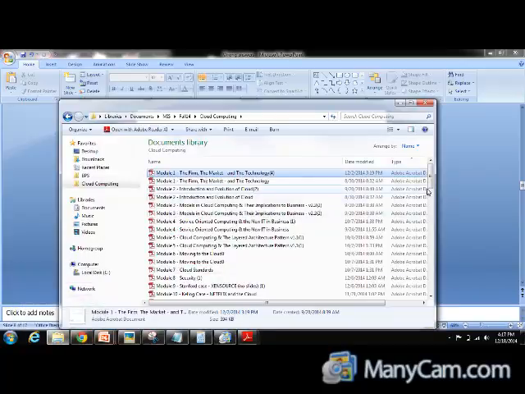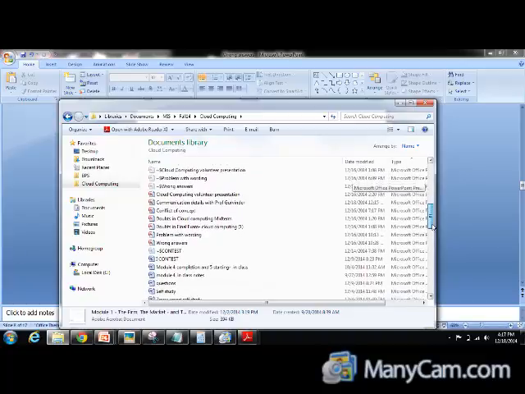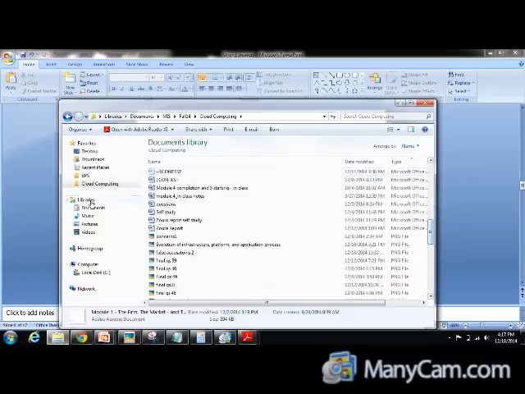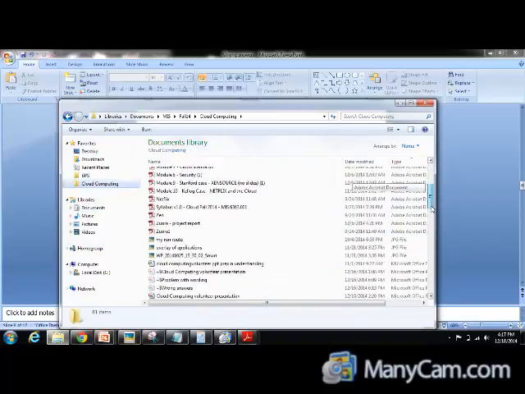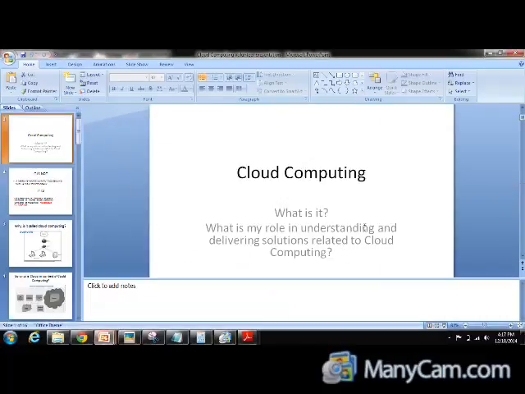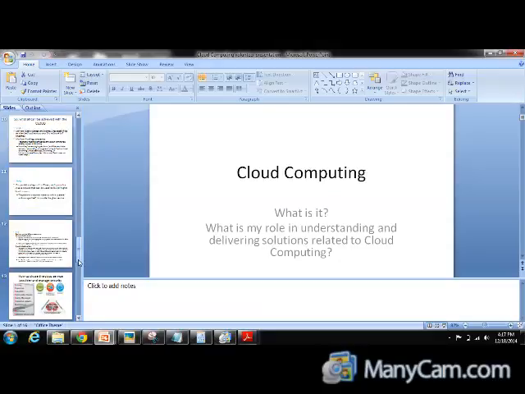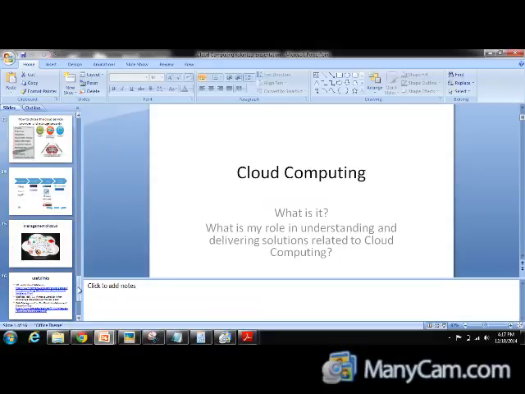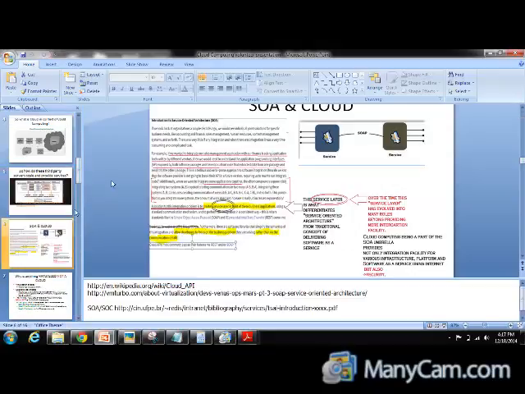I will take you through one slide. Service oriented architecture and cloud.